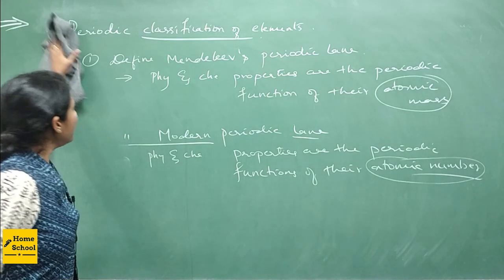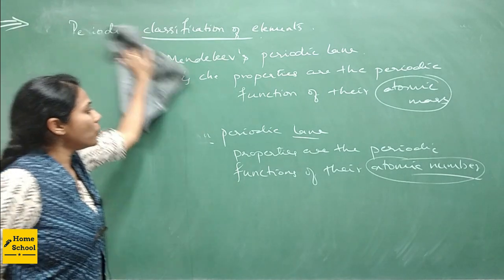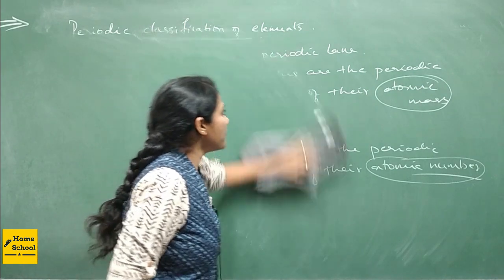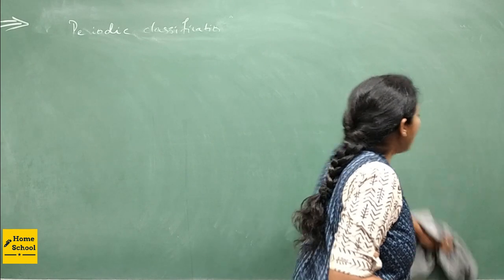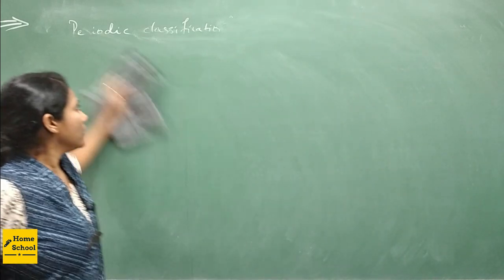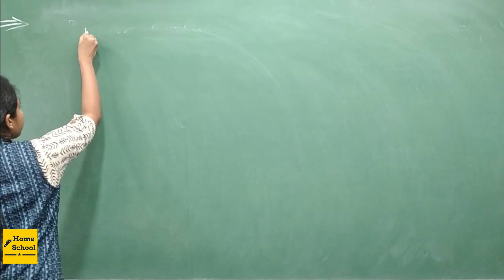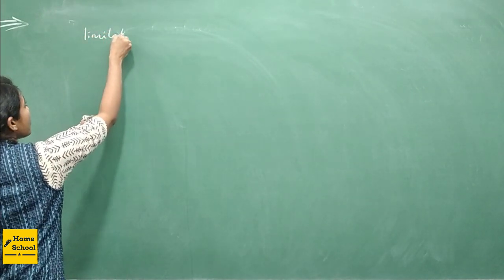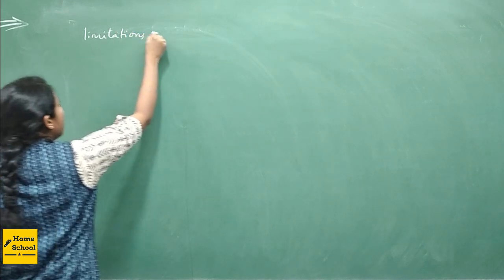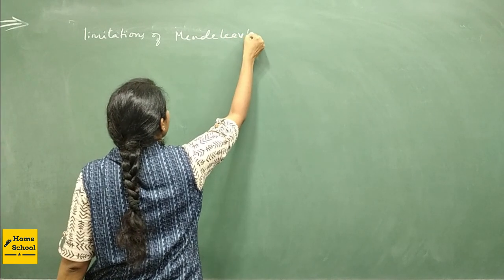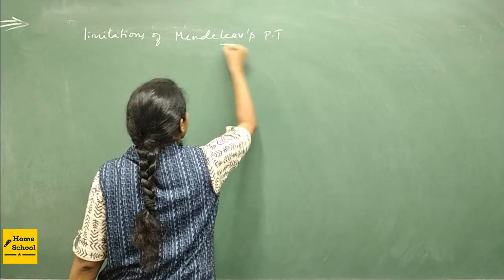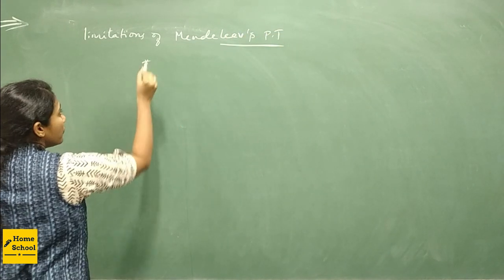Apart from this, the most expected question from this chapter is limitations of Mendeleev's periodic table. Okay, so 3 points you have to mention, guys.